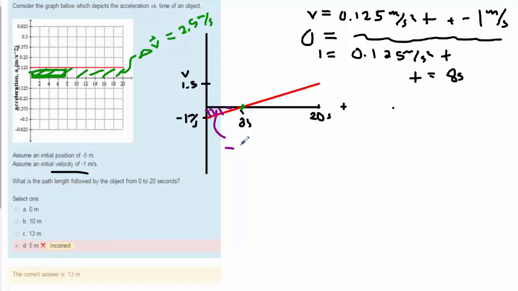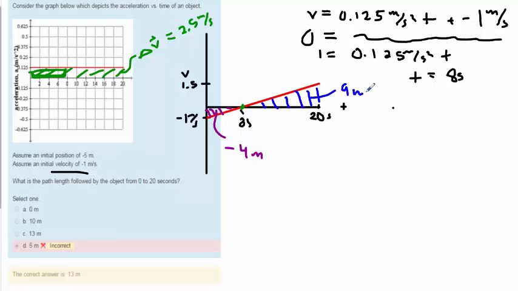So this would be -4 meters. And then I'll find the area here. This would be 12 seconds. Again, I'm thinking about the area of a triangle. 12 seconds times 1.5 divided by 2. And that would be 9.